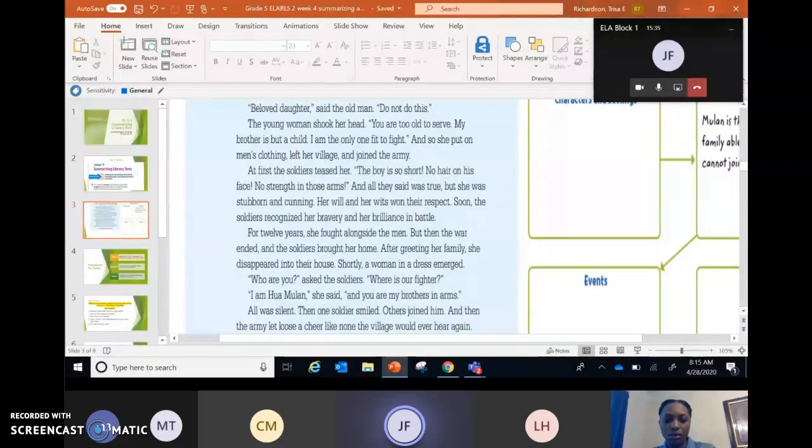"I am Hua Mulan," she said, "and you are my brothers in arms." All was silent. Then one soldier smiled, others joined him, and then the army let loose a cheer like none the village would ever hear again.